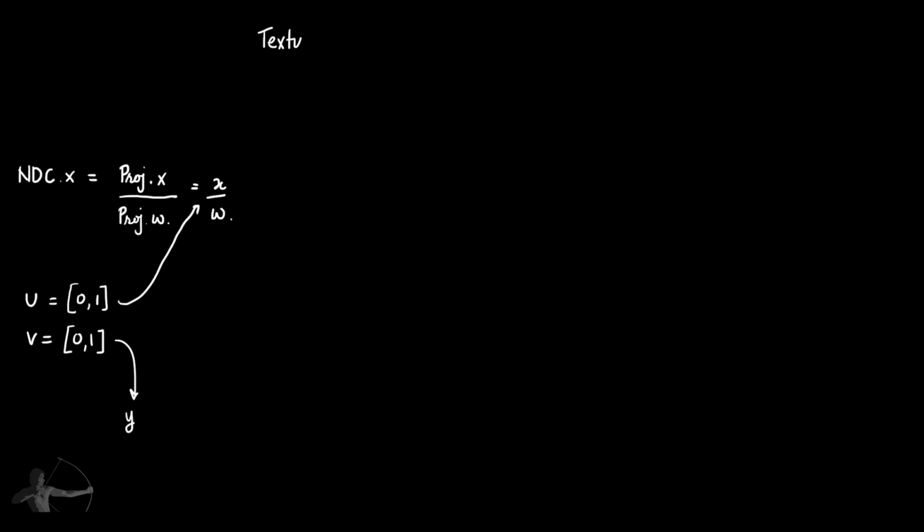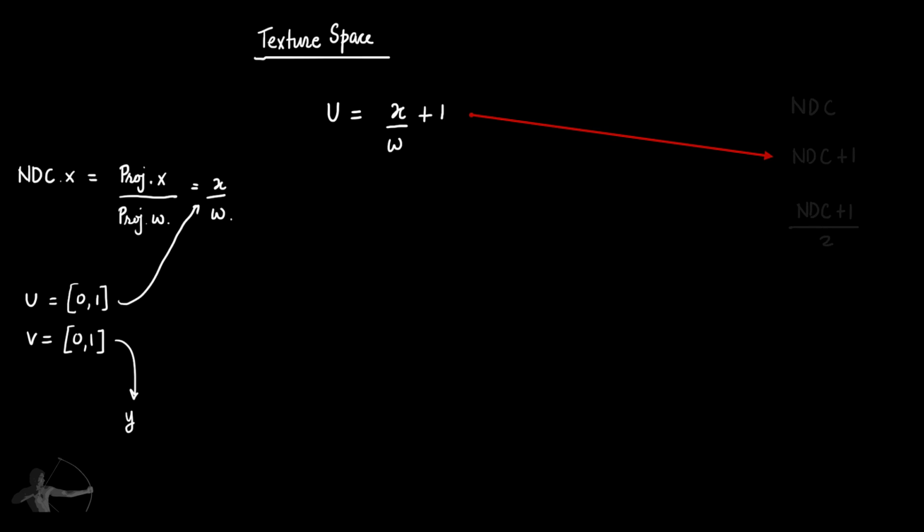So let's first find the texture space u value, because u corresponds to x. So NDC for u becomes x divided by w, which is the homogeneous or perspective divide. Then in the second step, we added 1 to it so that the range becomes 0 to 2. And then we divided it by 2, which means multiplied by 1 divided by 2.